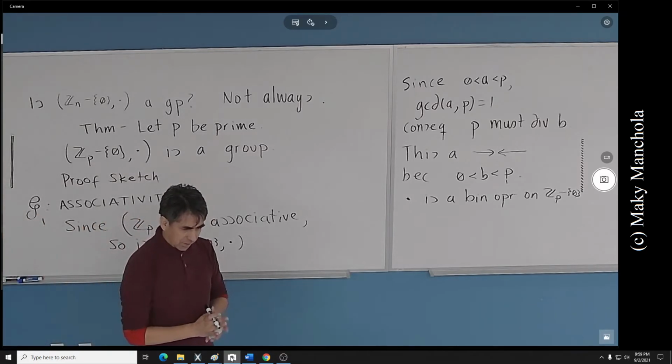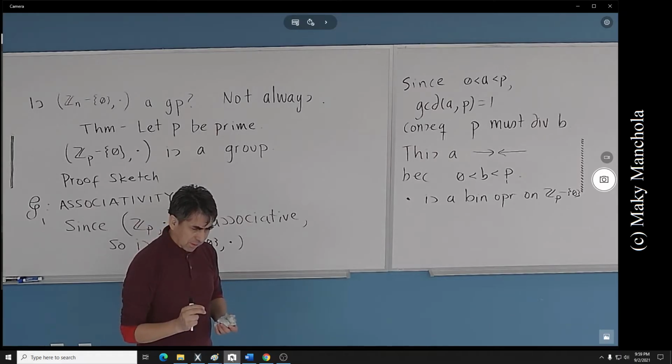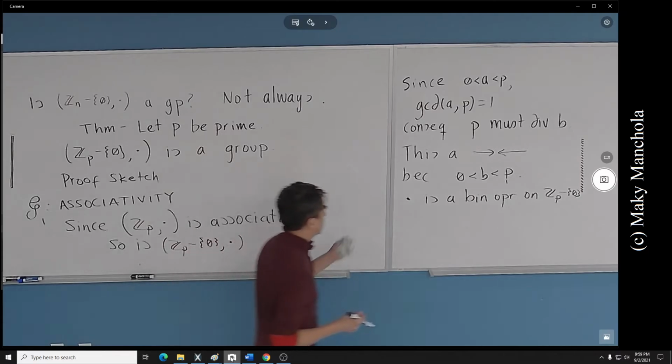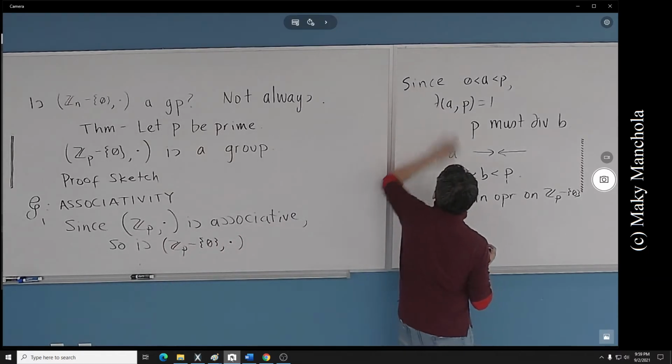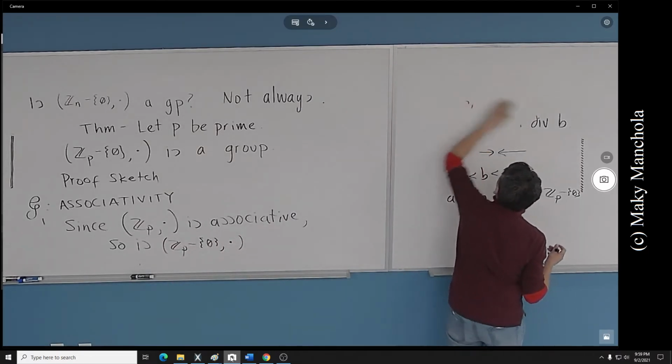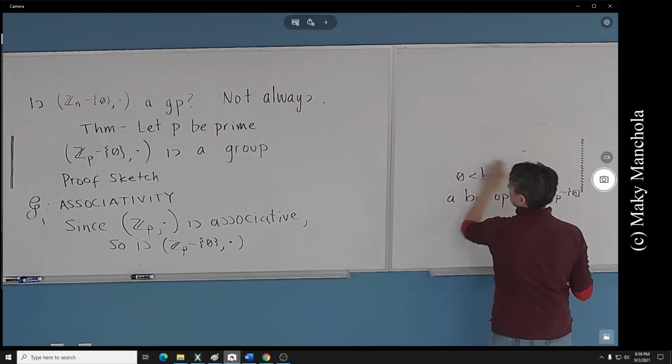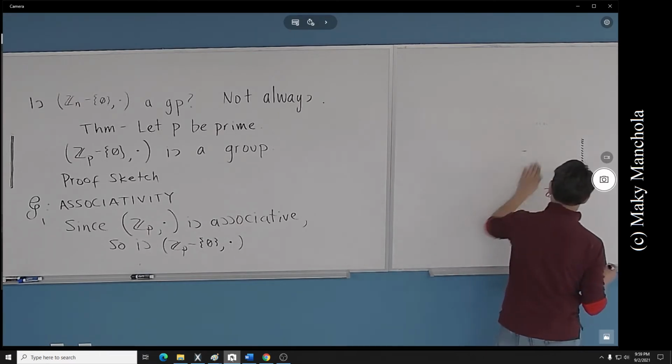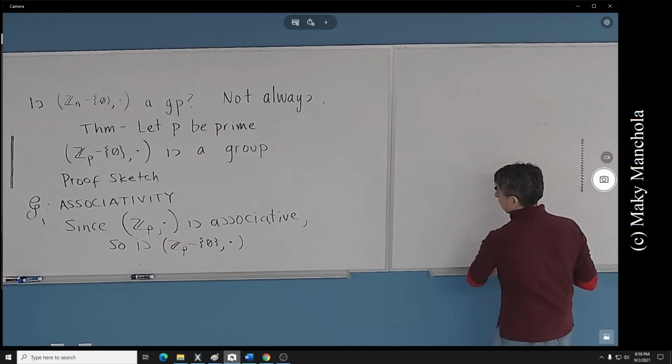Next property. ZP minus 0 contains the identity element. So, existence of the identity element. And of course, that one holds because ZP minus 0 does in fact contain the identity element, which is 1.